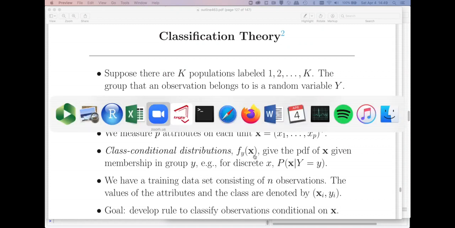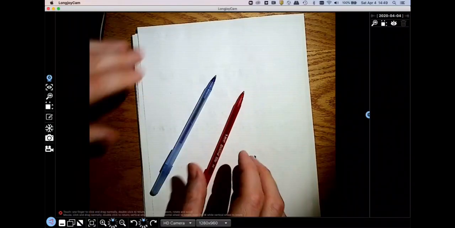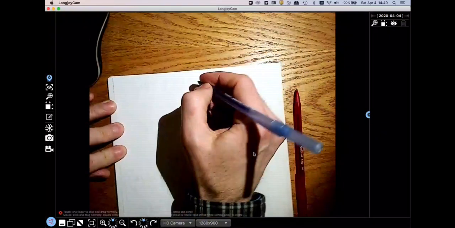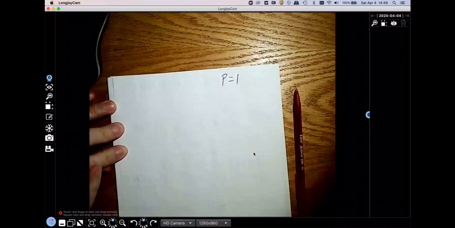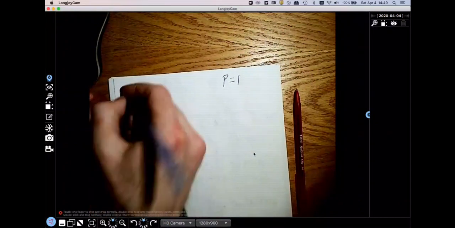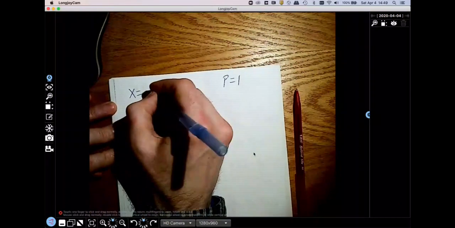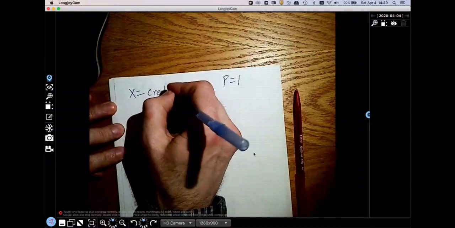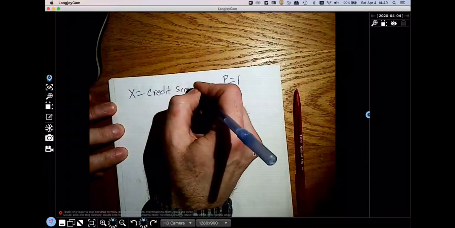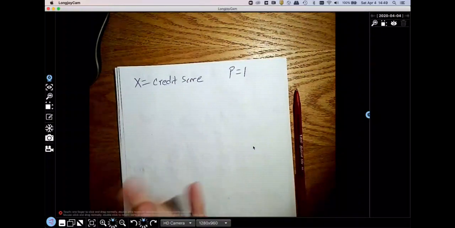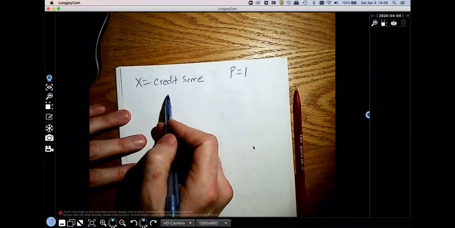So I think we need a simple example of this. I'm going to go over to my document camera for a second. And let's consider an example where I have p equal to 1 x variable. So maybe x is a person's credit score. We're going to keep this extremely simple with only one x.